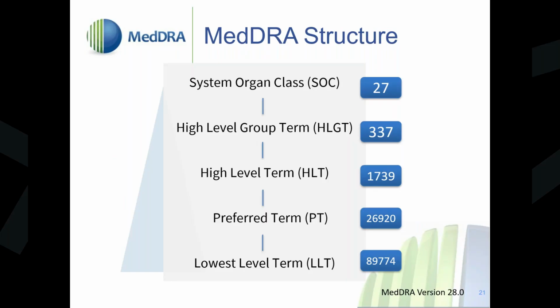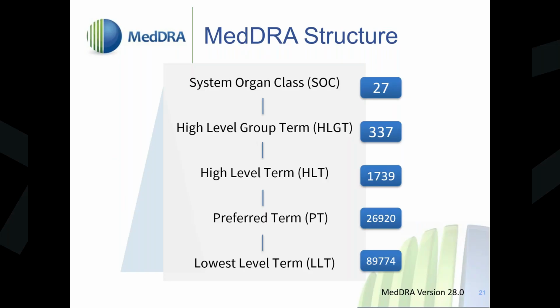And as you go higher up the hierarchy, the numbers become even smaller and smaller because related preferred terms get grouped together at the next level, which is the HLT or the high level term. This grouping could be based on anatomy or pathology or physiology or function, as long as they are related preferred terms.